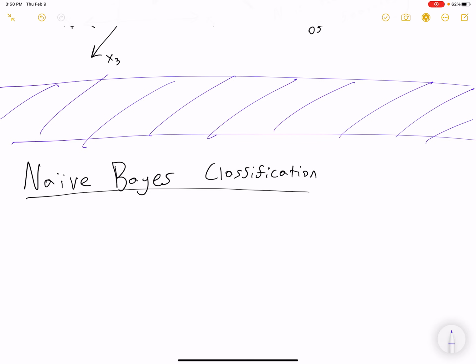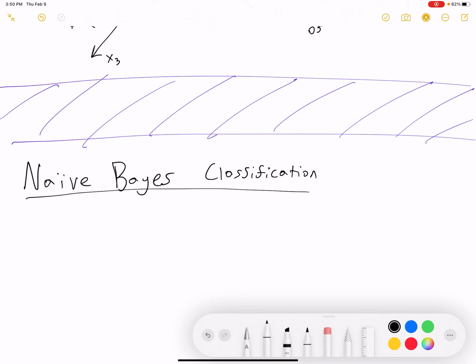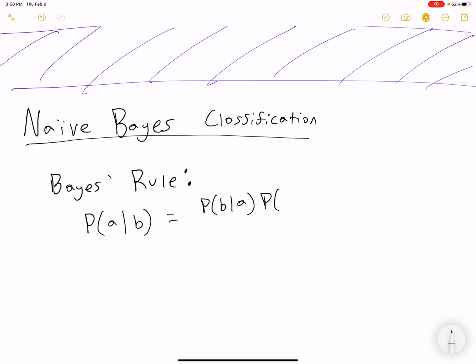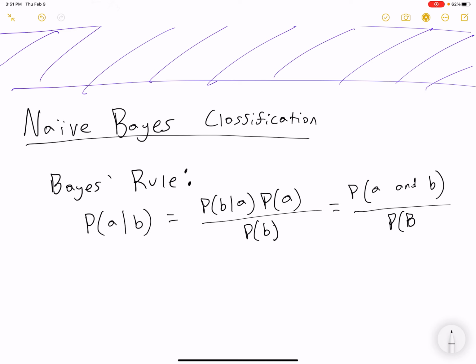Okay. So we learned all this probability, and we learned Bayes' rule, from last class, that the probability of A given B is equal to the probability of B given A times the probability of A divided by the probability of B. But the way we wrote it last class was the probability of A and B divided by the probability of B. These are the same things.